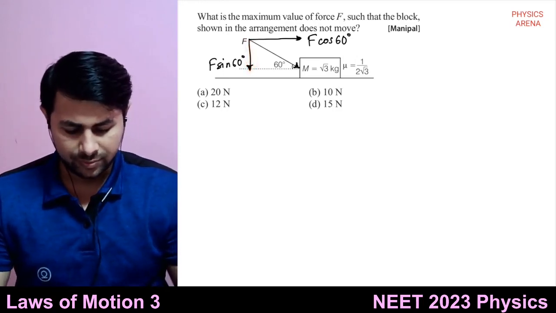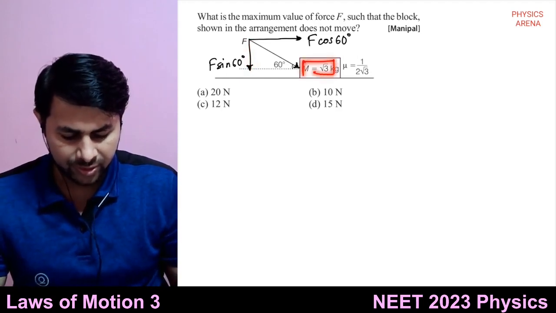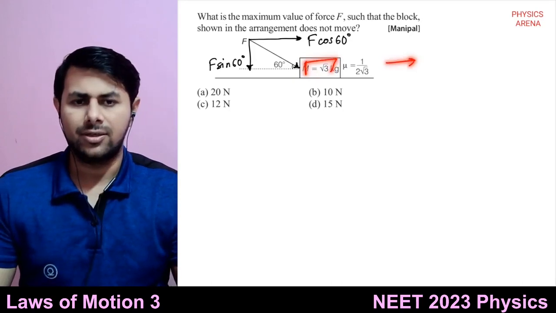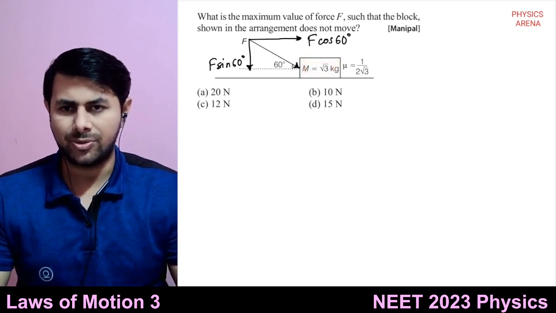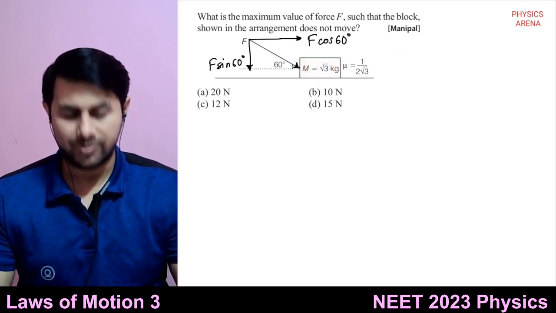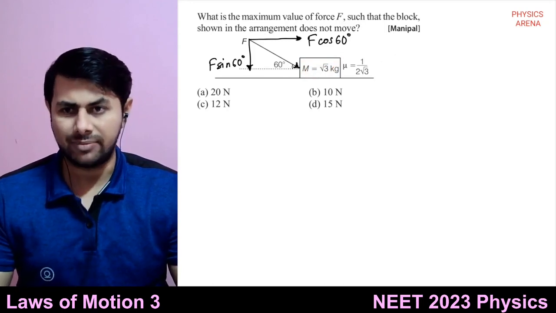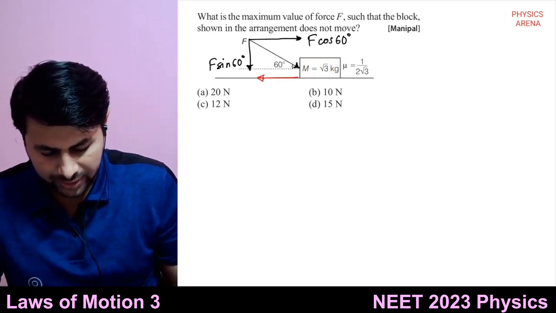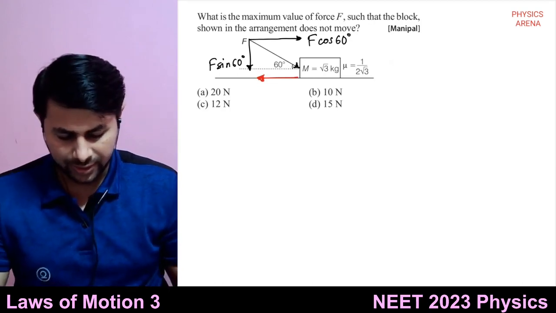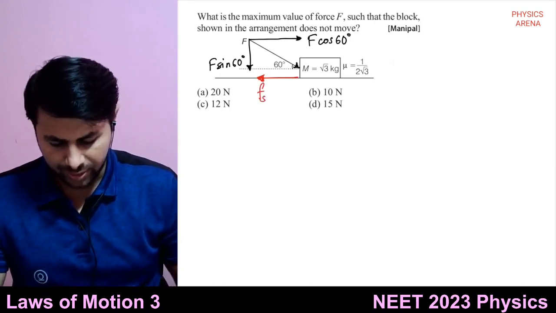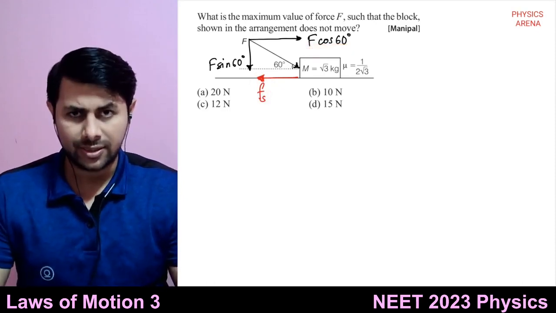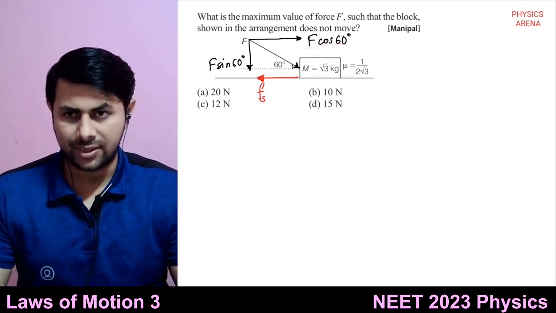So now, since this force is trying to move the block towards right, what will be the direction of frictional force? Frictional force will act towards left, right? And since the block doesn't move, the frictional force is equal to F cos 60 degrees.